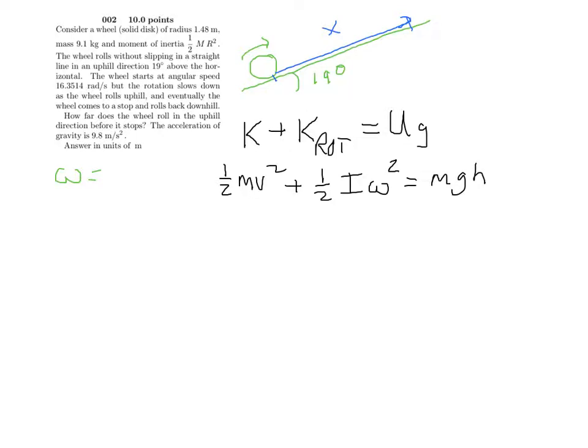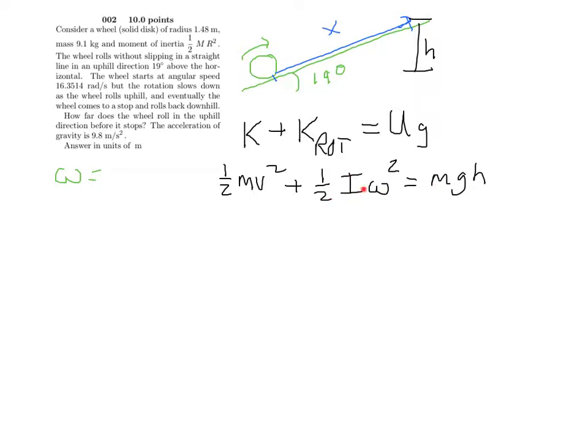That h will give me the height here, h. If I'm going to figure out the distance that it travels, which is my x here, if I know h, then I'm going to have to work backwards with this angle to get the x using some trigonometry. But that should be easy enough. So we'll worry about that when we get there. So 1/2 mv squared plus 1/2 I omega squared equals mgh.